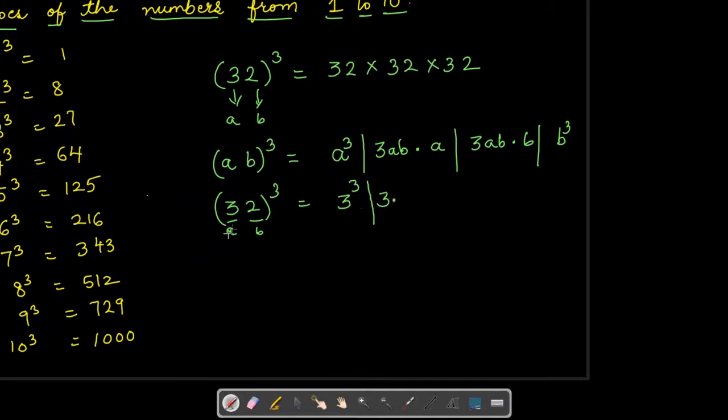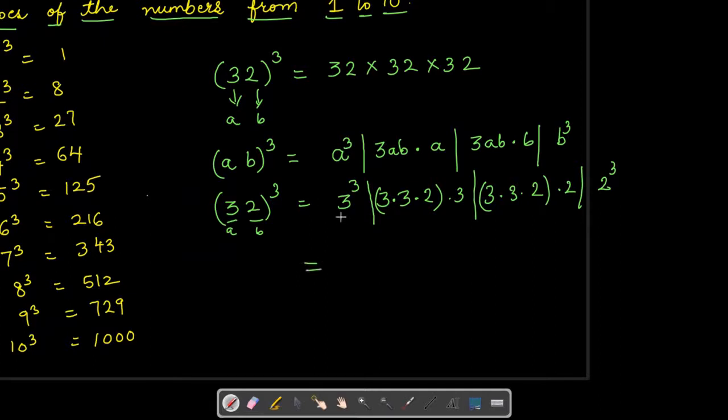Then 3 times A, which is 3, times B, which is 2, and I'm multiplying this with A. Sorry, the value of A here is 3. And then 3 times A times B times B, where the value of A is 3 and the value of B is 2. And then I take 2 cube.